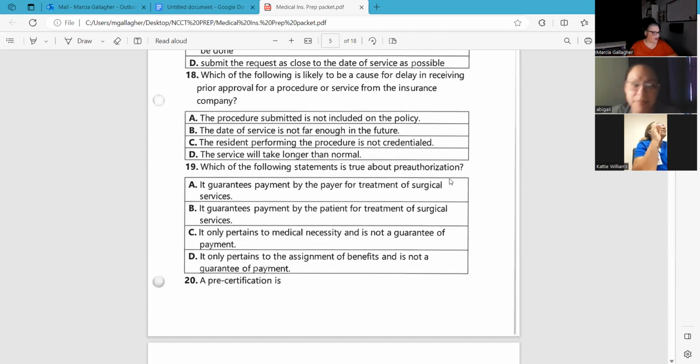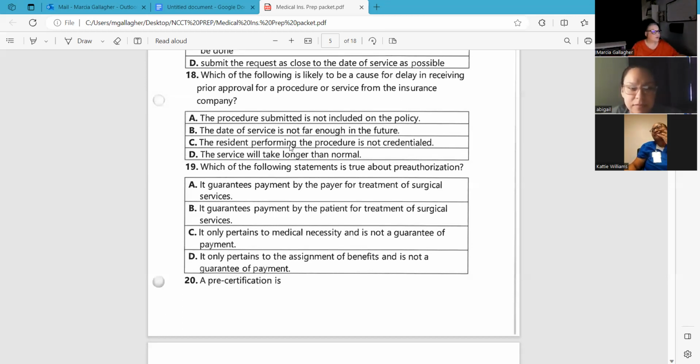Okay, let's go to number 18. Which of the following is likely to be a cause for delay in receiving prior approval for a procedure or service from the insurance company? A, the procedure submitted is not included on the policy. B, the date of service is not far enough in the future.